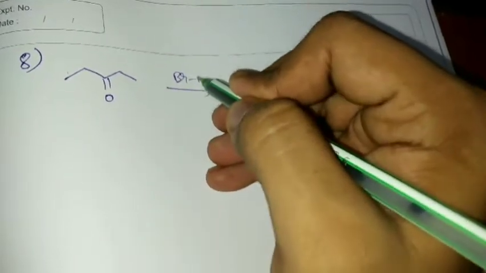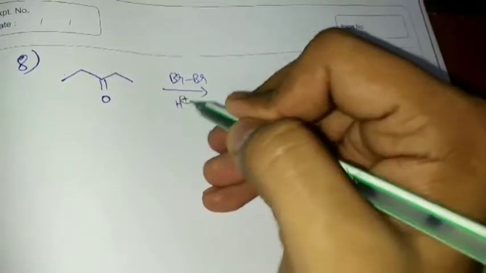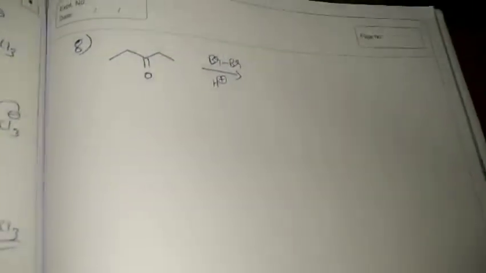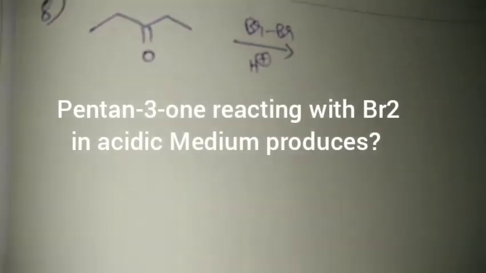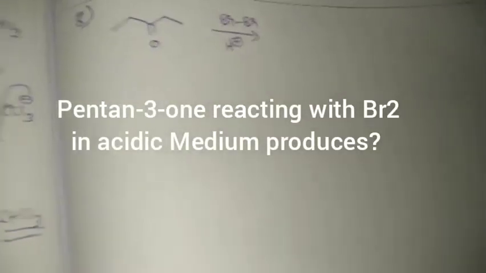Br2 in the presence of H plus. For simplicity, I'll say the answer. You should remember this. It's not so difficult, right? This is acid catalyzed, and the bromination takes place, so only a monosubstituted product will form. They've asked for the mechanism. No problem. We'll write the mechanism. What will happen?